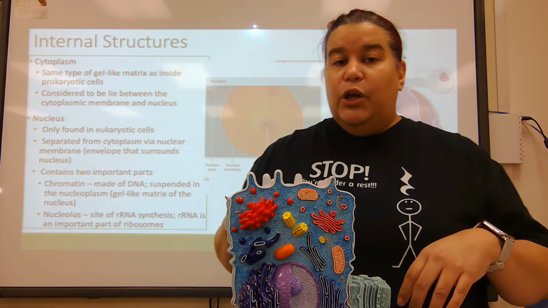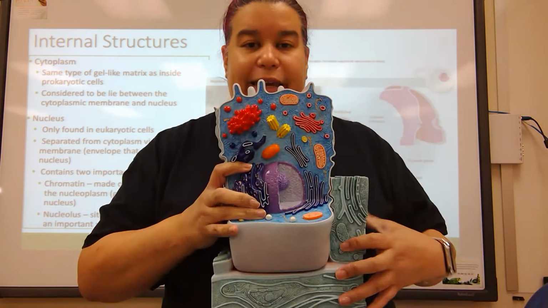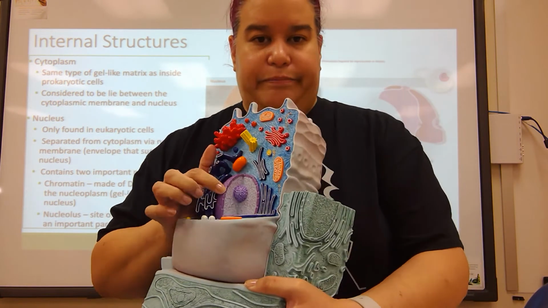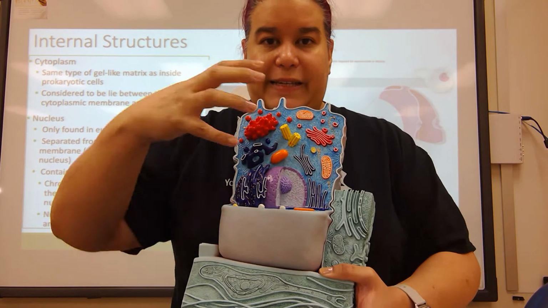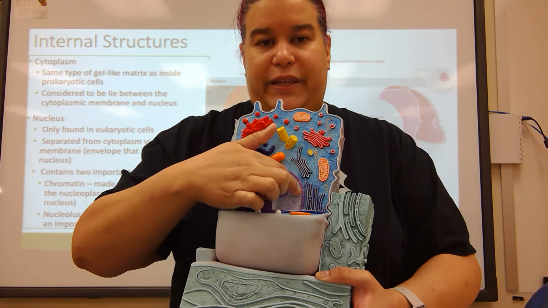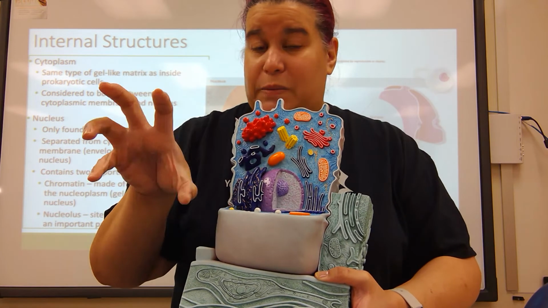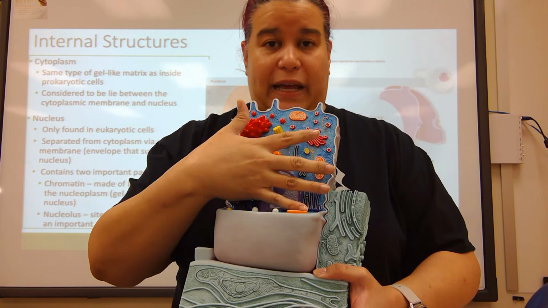It is an envelope that surrounds the nucleus. So if you look here, if this were solid, you can see the purple by itself. It's basically encasing everything that's in here, and it's giving it its own space separate from the rest of the cell in the cytoplasm.